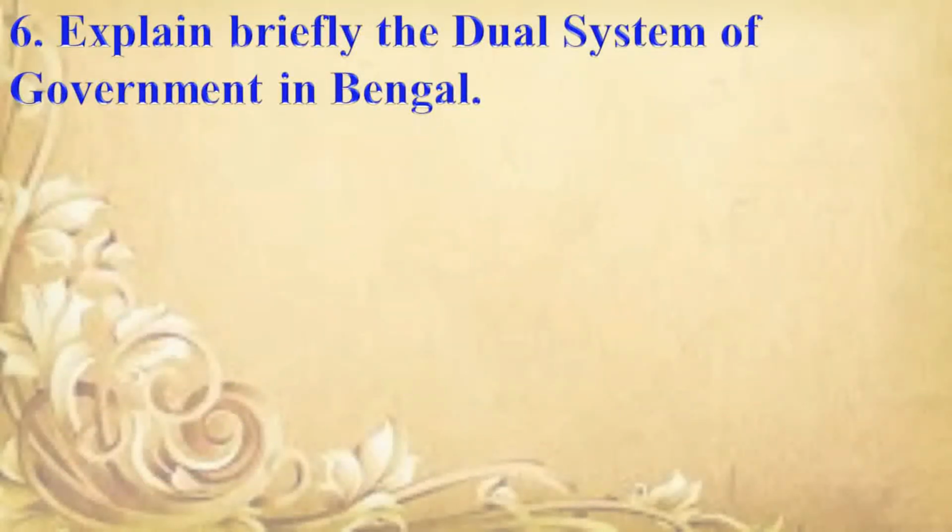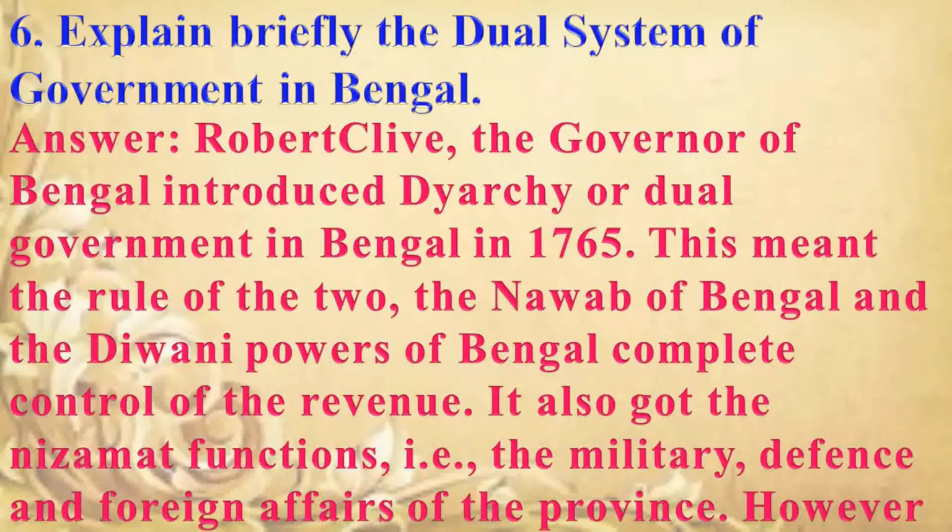Explain briefly the dual system of government in Bengal. Robert Clive, the governor of Bengal, introduced the Dyarchy or dual government in Bengal in 1765. This meant the company was the ruler of the two, the Nawab of Bengal and the company got the Diwani powers of Bengal, complete control of the revenue.